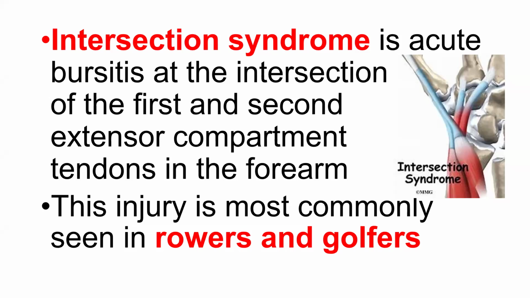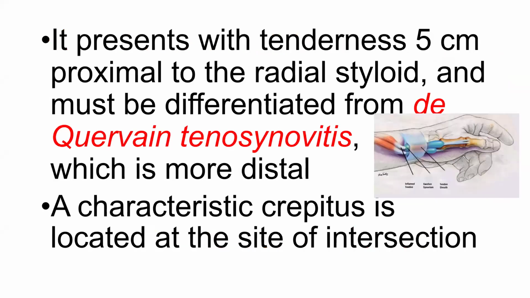You can observe the rowing that is occurring in the Olympic Games in France. You can see the mechanism by which this occurs. It is due to a continuous motion between extension, flexion, and abduction of the wrist, leading to an inflammatory process known as intersection syndrome.